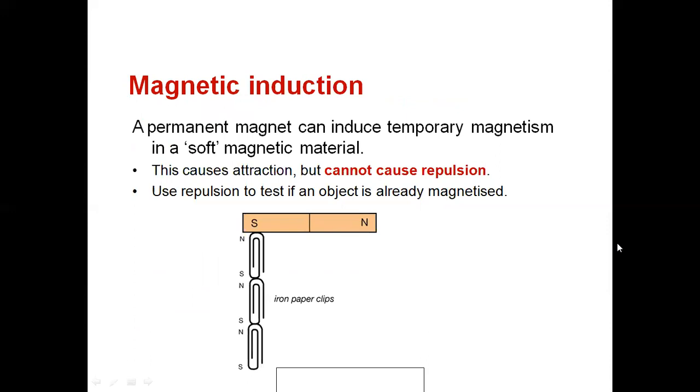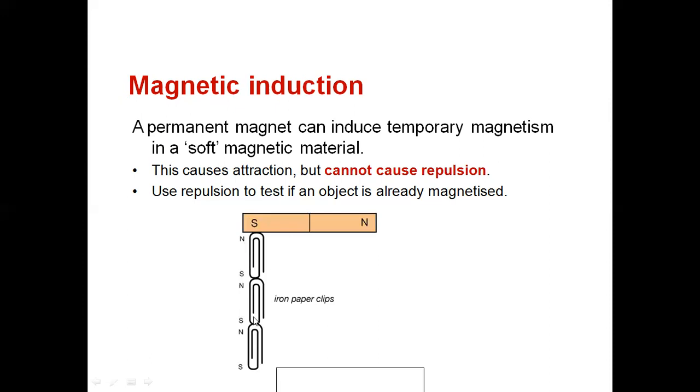Now, what is magnetic induction? A permanent magnet can induce temporary magnetism in a soft magnetic material. This causes attraction but cannot cause repulsion. If we rub the soft magnetic material on a permanent magnet, then the magnetism property may come into that soft material, which can attract metallic things like these pins, and temporarily that magnetism will be induced in these pins.